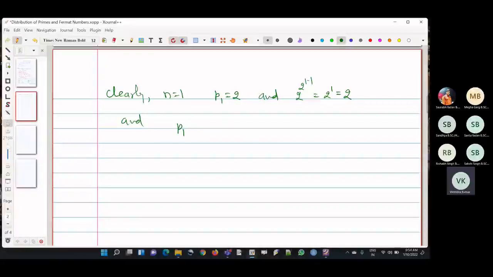And p1 is less than or equal to 2. Thus the inequality is true for n equals 1.